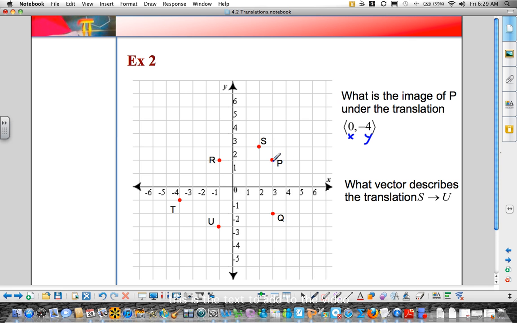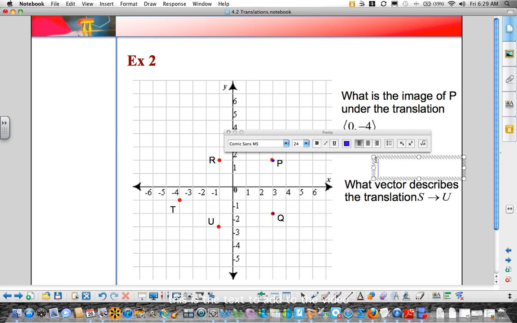If I start at P and move 0 units in the x direction and 4 units down, you can see that I'm ending at Q. So to answer this question, I would say that the image of P under the translation 0, -4 is the point Q.